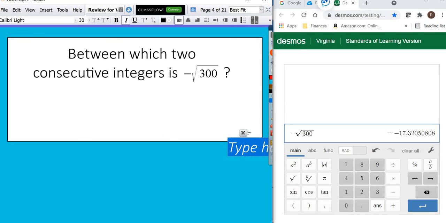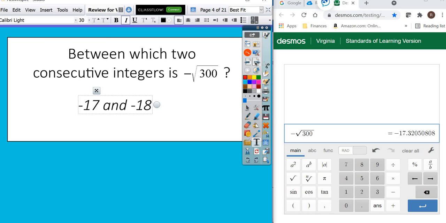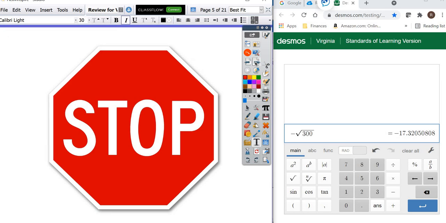That is a negative 17. So that's our first part of our answer. It is, let me get rid of all this, negative 17. Then you type the word and, or write the word and what comes right after negative 17? Negative 18. So that is your answer for both of those, okay?